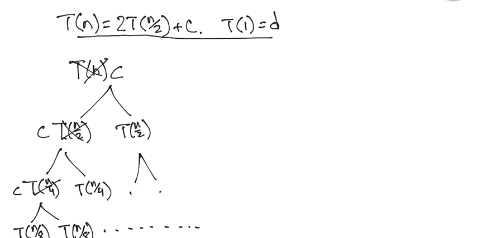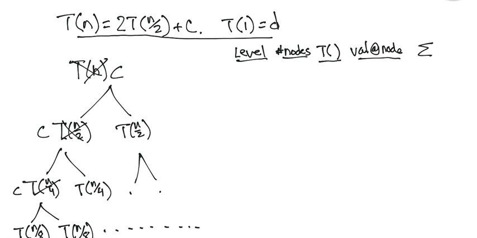So let's write down the level, the number of nodes at that level, what is being represented at that level, we're taking T of what, the value at a node, and then finally the whole sum of the values at all the nodes at that level.